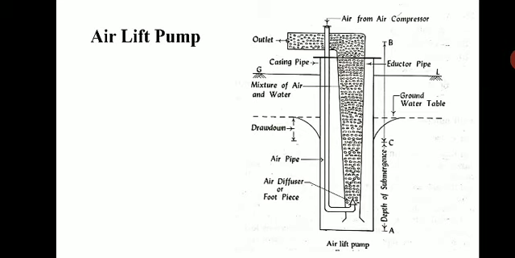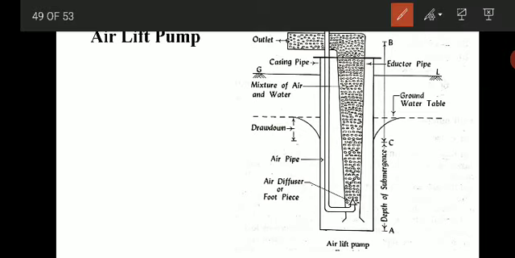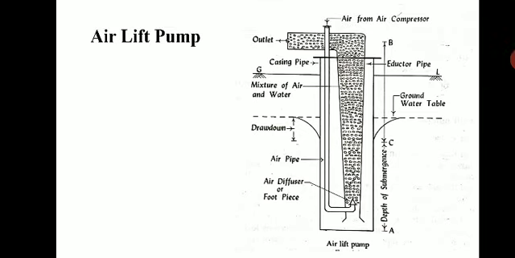Here you can see in the image, at the top, there is the inlet of air from the air compressor. The air pipe supplies the compressed air from the compressor. Such compressed air is then released through an air diffuser.